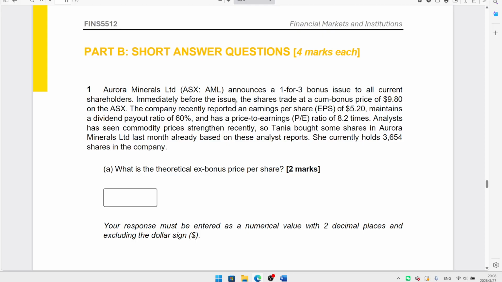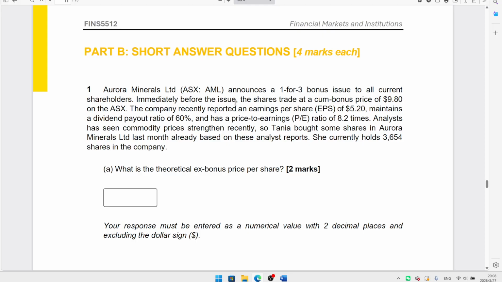The current holder has shares in the company. For the bonus issue, the price before is 9.8, and the ratio is 1 for 3.